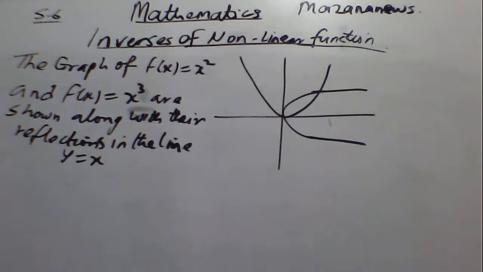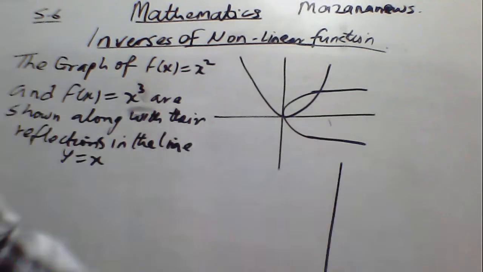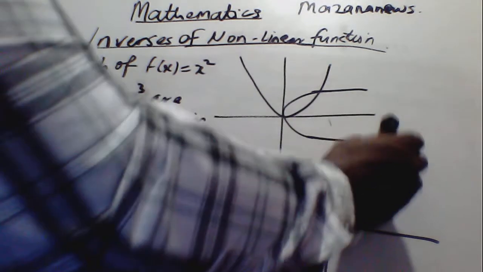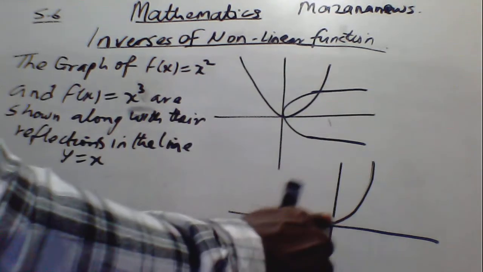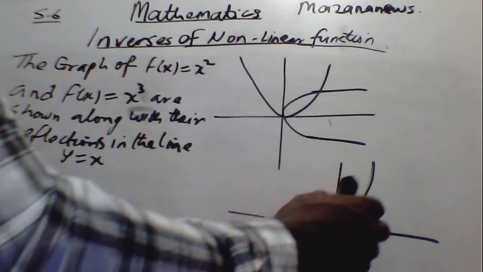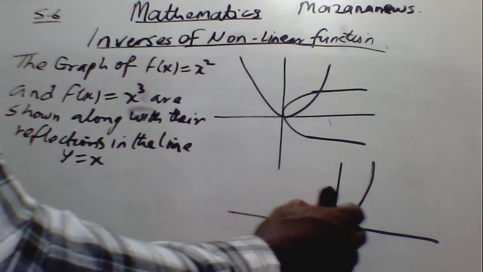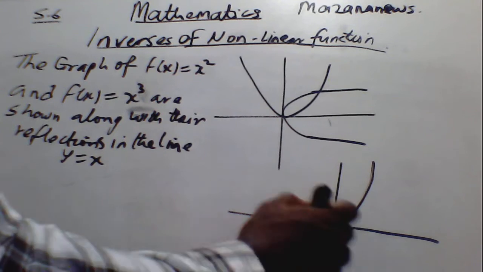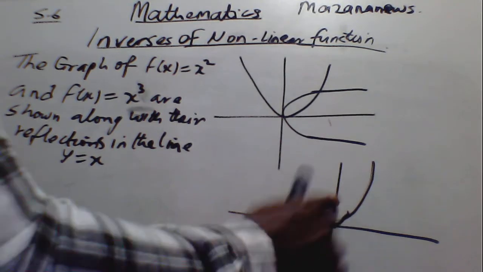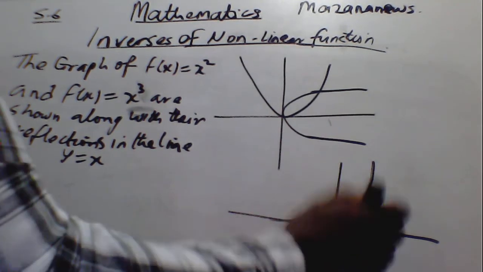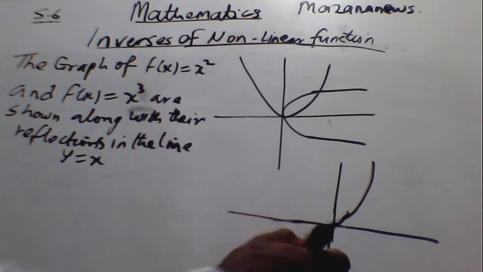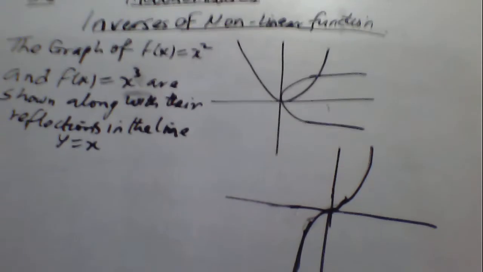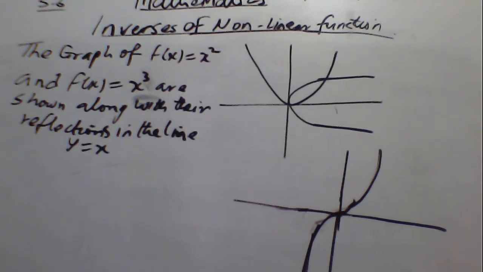I'm coming to that. So the second one, this graph will look like this. So we are looking at these two graphs. There are a few things I want to explain here.